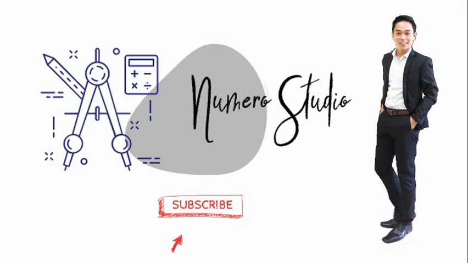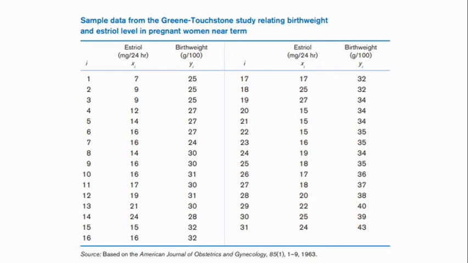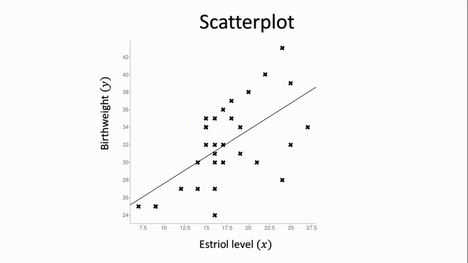In this video, we will talk about a statistical procedure that allows us to make intelligent forecasts and predictions on certain measurements. For example, on this table that relates birth weight and estriol levels of 31 pregnant women, there is a way for us to determine the line that best approximates the trend created by these points.